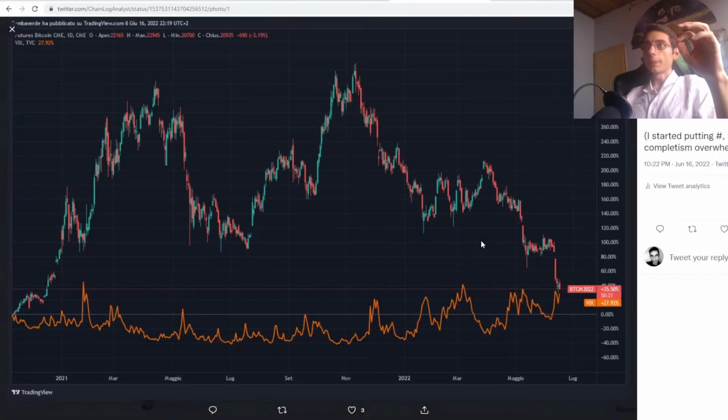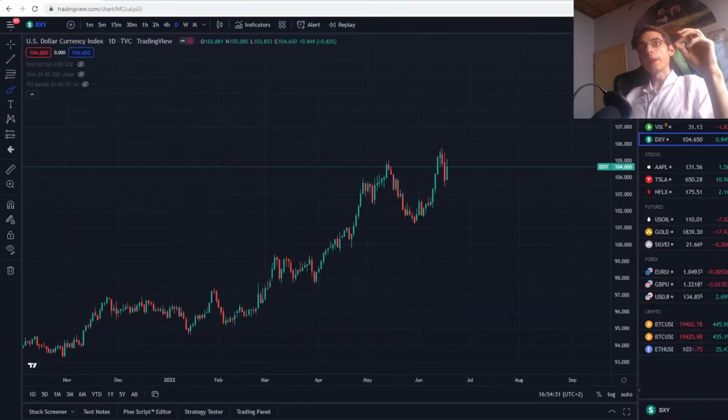Also, I have made some VIX comparisons on Twitter, comparing the chart from the CME to the VIX. And as you see, what is the VIX? The VIX is actually the volatility of the S&P 500 that takes into account options to forecast a 30-day perspective of the volatility of the market itself.